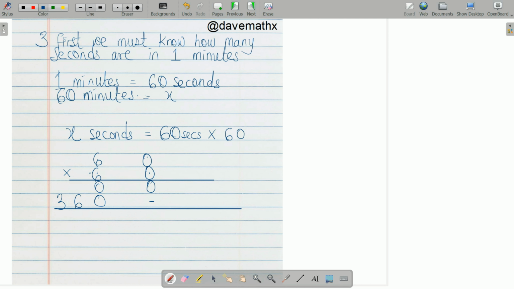Adding all together, we have 3,600. Finally, we can write that we have 3,600 seconds in 60 minutes.